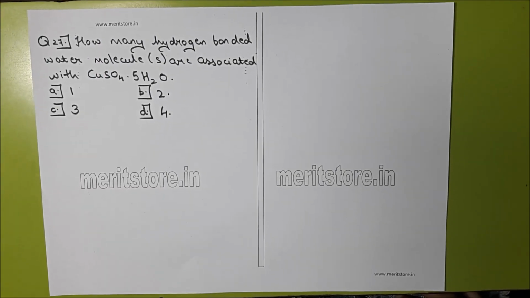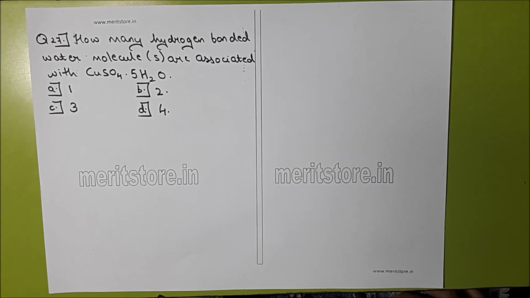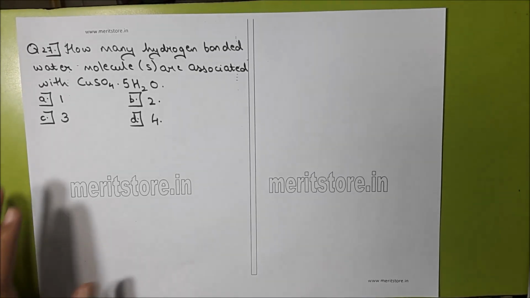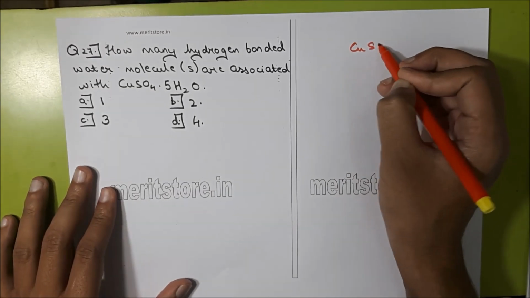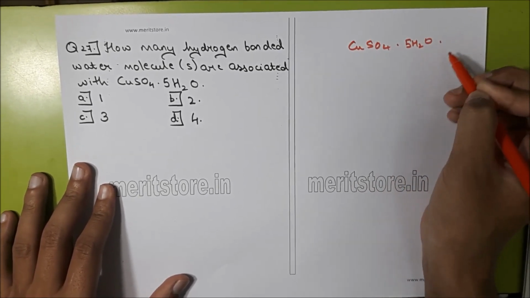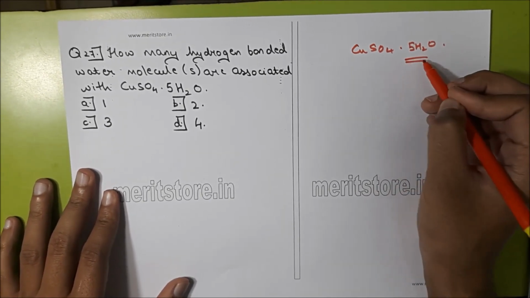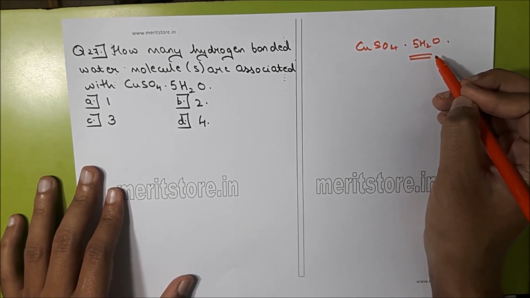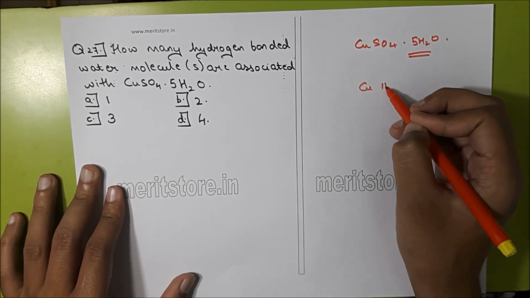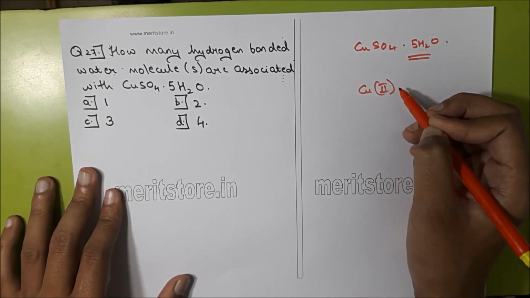Question number 27. How many hydrogen bonded water molecules are associated with CuSO4.5H2O? A 1, B 2, C 3, D 4. Hydrated copper sulfate, CuSO4.5H2O, is blue in color, which is due to water of crystallization. It is attributed to the presence of the hydrated cupric ion with +2 oxidation state.